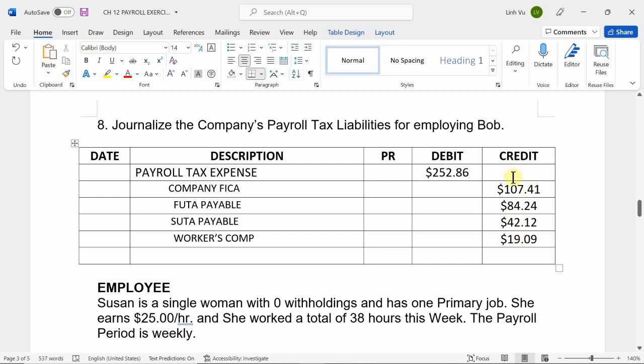I forgot to carry the 1. 1 plus 8 is 9, plus 4 is 13, plus 1 is 14, 15. Carry the 1 over. 1 plus 1 is 2. I still get $252.86. I don't know where you got those extra numbers from.